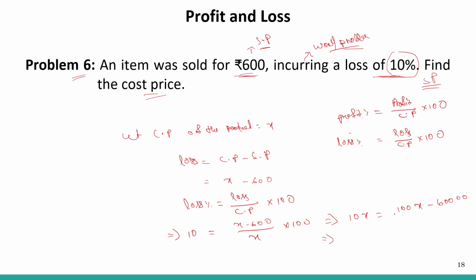So this implies 90x, that is 100x minus 10x, is equal to 60,000. So x is equal to 6,000 by 9, right? So this is 2,000 by 3.